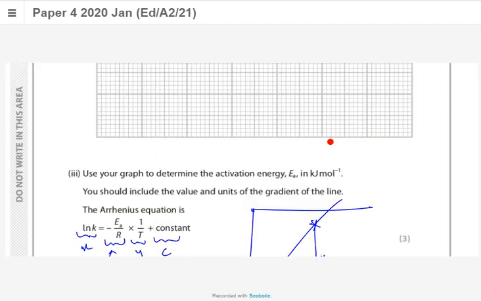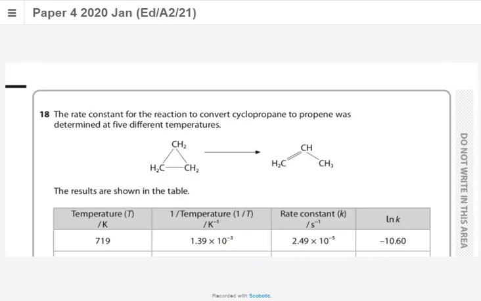Compared to 50, 272 is about 5 times more. So the reason is, let's see, what is this reaction? Maybe the bond activation energy is very high because the bonds are very strong.